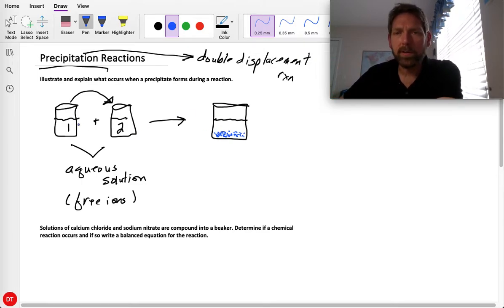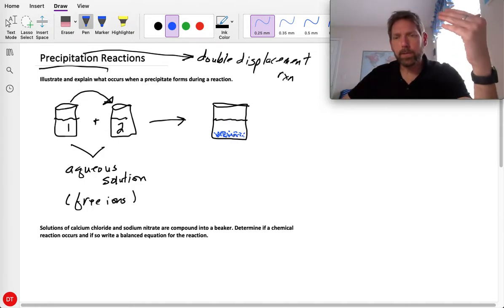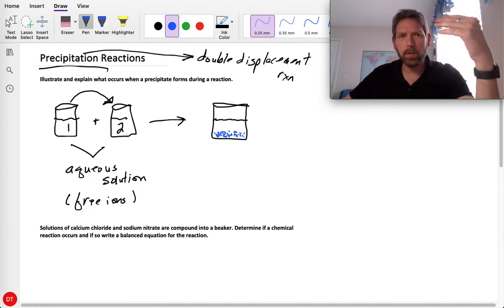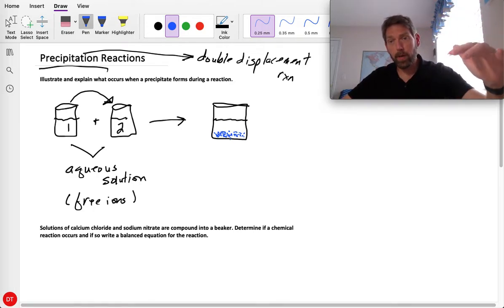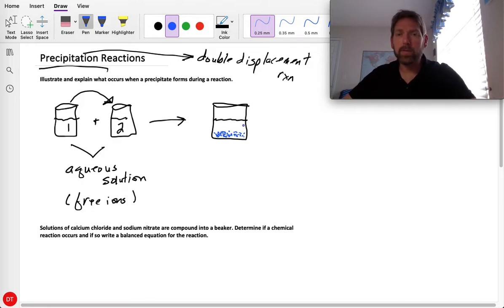Typically you're going to get two clear aqueous solutions. When you mix them together, you'll start to see what looks like particles falling out of the solution, precipitating down, and settling at the bottom.